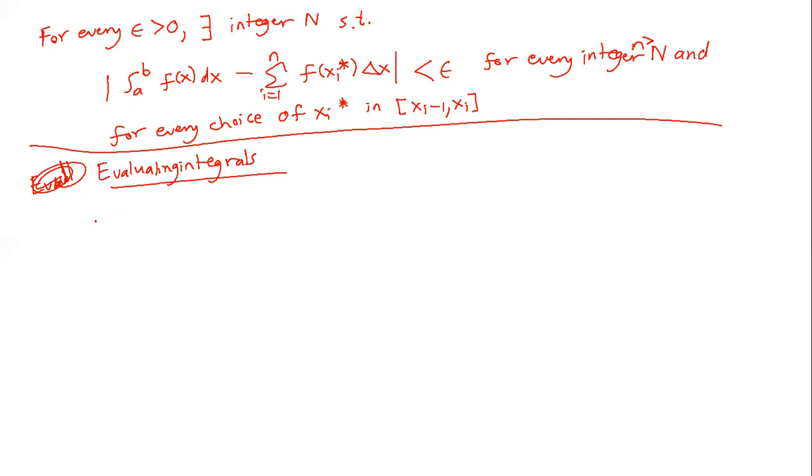And so we can also prove that a lot of the things that we take for granted with integrals come from the fundamental definition of an integral as the limit of a sum.